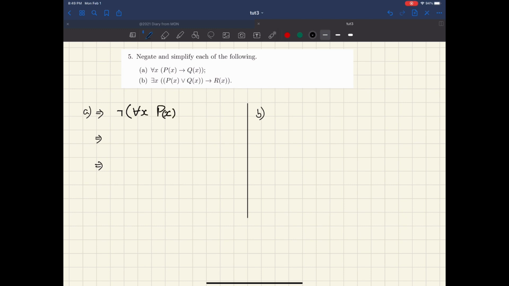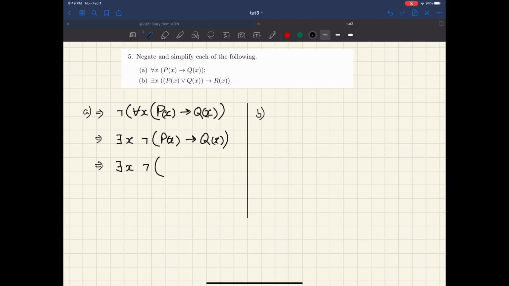So negating the first one, it's not for all x, P of x implies Q of x. Opening the outer braces and taking the negation sign inside, your universal quantifier becomes existential, and it is for some x, not P of x implies Q of x.